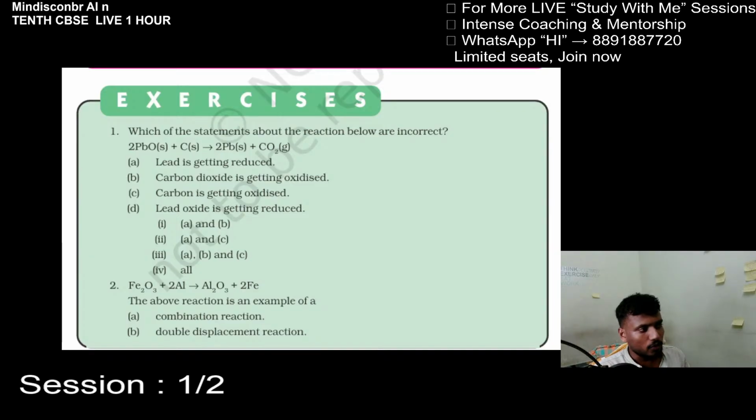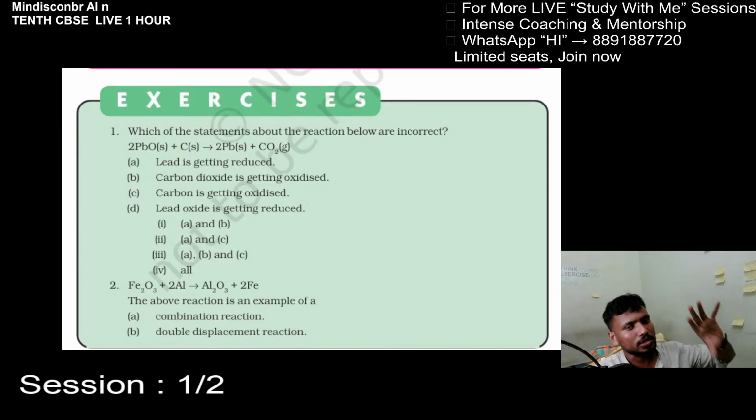We can look at the explanation. Key concept: this question is based on redox reactions. Oxidation is loss of electrons or gain of oxygen, and reduction is gain of electrons or loss of oxygen. Important shortcut: if a substance loses oxygen it is called reduction, and if a substance gains oxygen it is called oxidation. So oxidation means addition of oxygen, or loss of electrons, or loss of hydrogen.